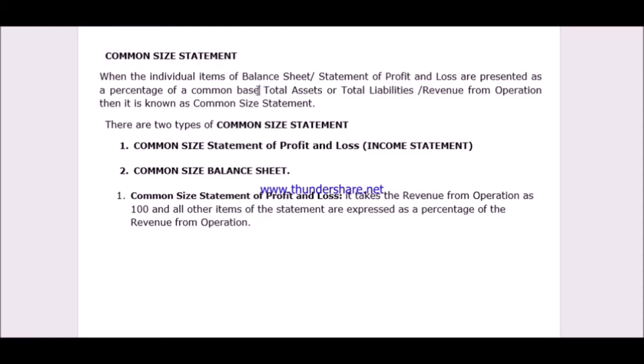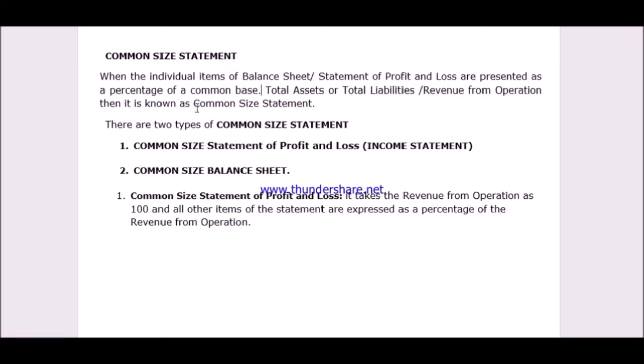When we do it for the balance sheet, we can consider either total assets or total liabilities as the common base. If we do the common size income statement or common size statement of profit and loss, then we consider revenue from operation as the common base.